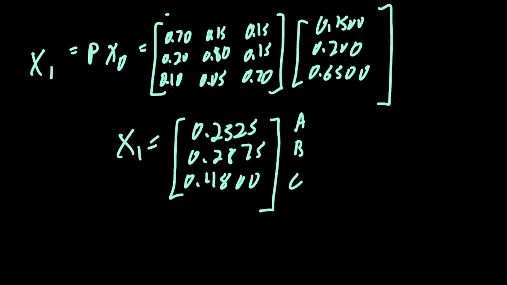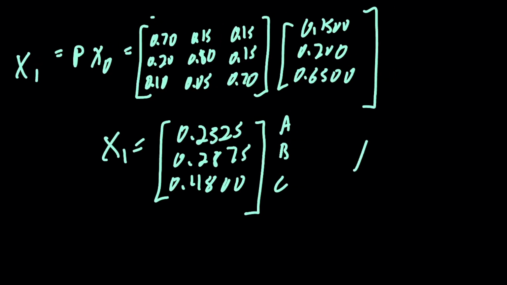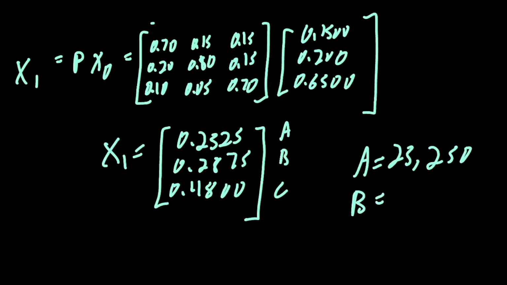And you do the same for company A, B, and those without any satellite subscription. So as a result, if you multiply each entry by 100,000, A will end up having 23,250 subscribers, B will have 28,750 subscribers, and C, which will represent those without satellite subscription, will be a pretty grand number.